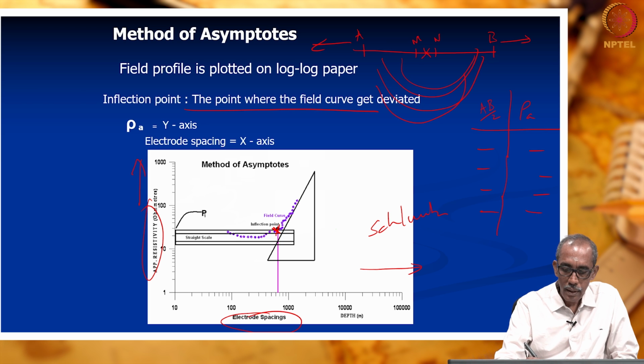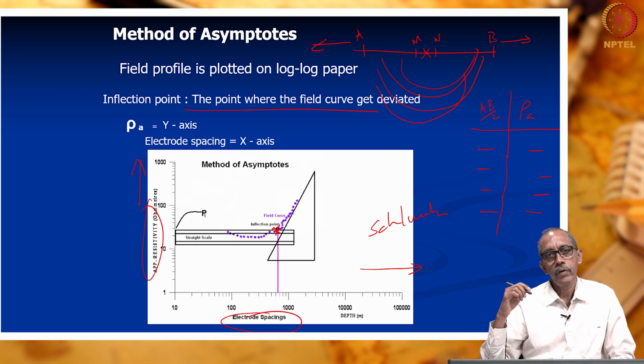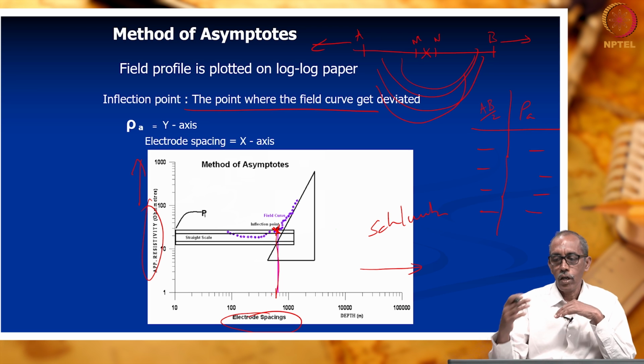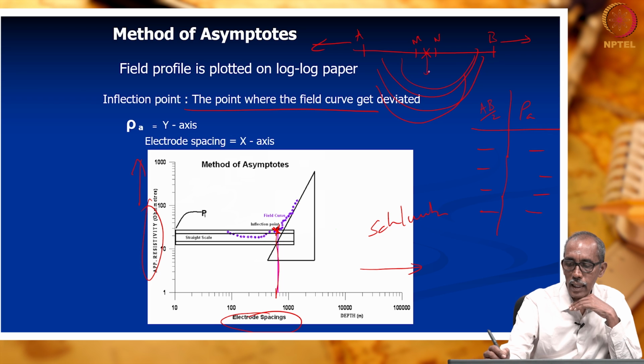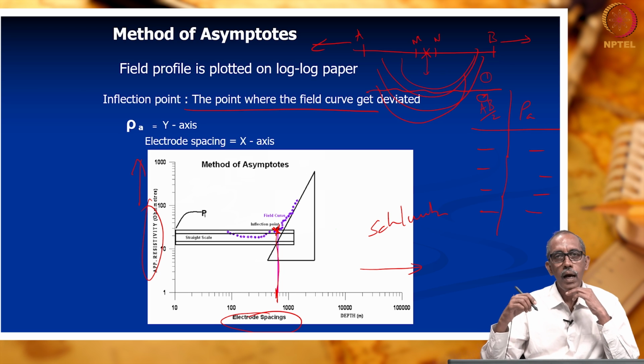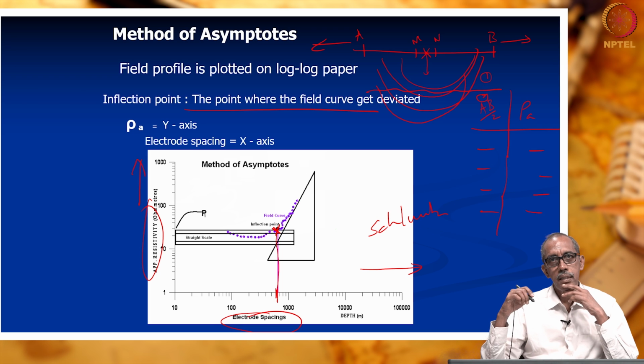What does a major change in the slope of the curve indicate? It is indicating the presence of a discontinuity below the surface of the earth, which means at this depth there is a change in the rock type. This is the vertical direction, somewhere here is the lithological contact. This is layer 1, this is layer 2. So, this contact is at this depth of 200 or 300 meters. This is how we carry out interpretation by this method.